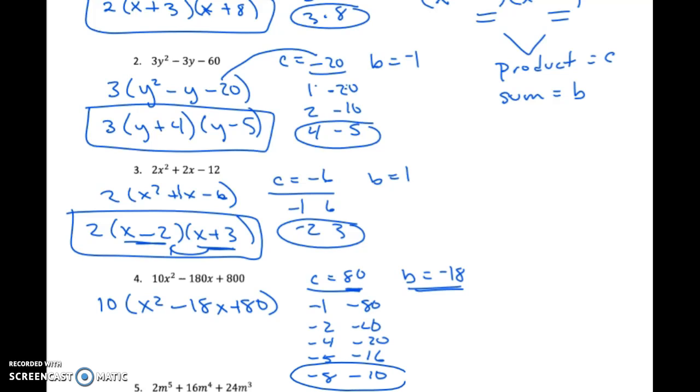Now on this particular one, it could be that you had thought of 8 and 10 adding to 18 and multiplying to make 80 right away, in which case you wouldn't necessarily have to write all of the factor pairs to get there.